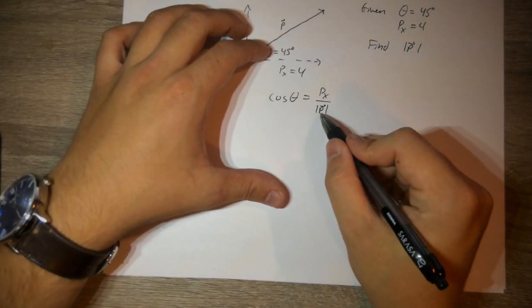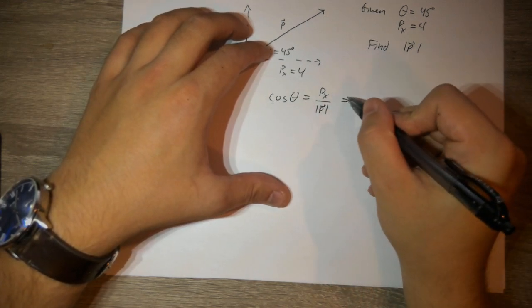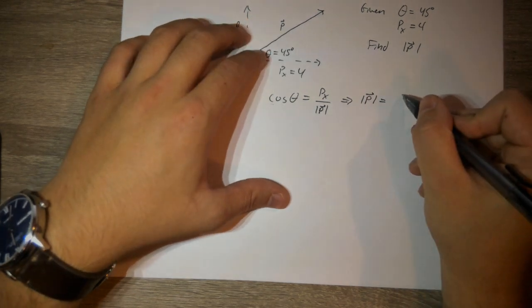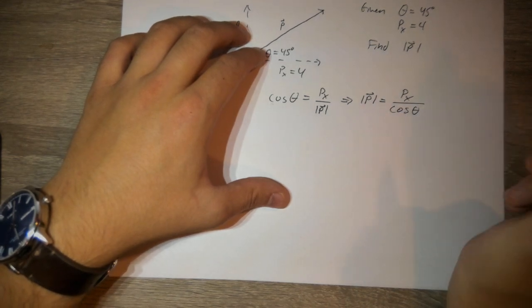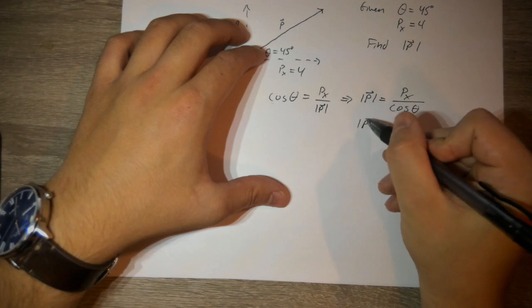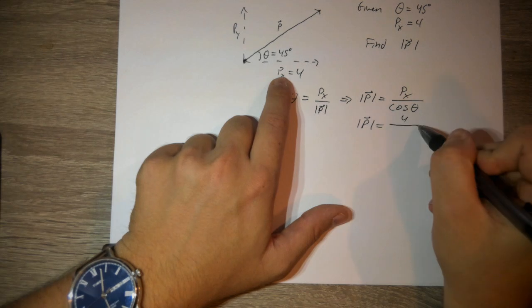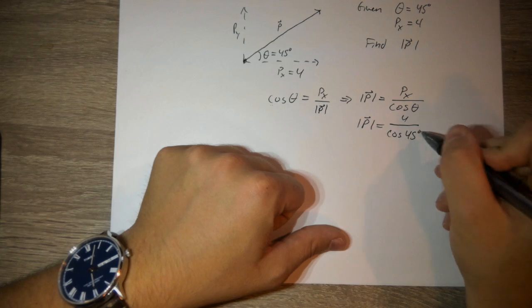We can solve for p by multiplying over and then dividing out the cosine of theta. So the magnitude of p is equal to the projection on x divided by cosine of theta. Then plugging our numbers in, you have 4 divided by cosine of 45.